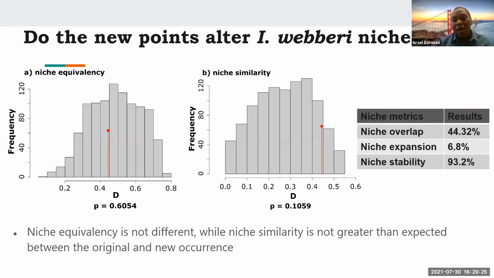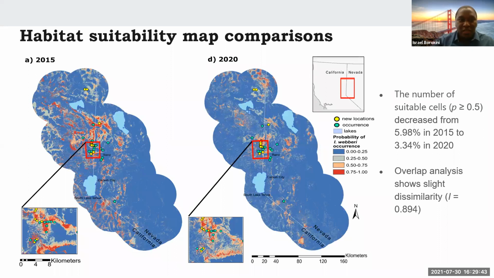But in this case, we found out that the new points discovered from these field surveys and these model guided field surveys have some important ecological information which were of value to the estimation of the niche of the species. So let's look at the map visually.